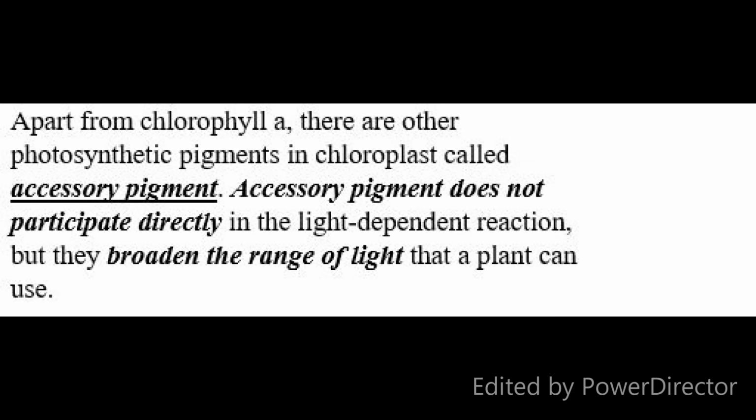Apart from chlorophyll a, there are other photosynthetic pigments in the chloroplast called accessory pigments. Accessory pigments do not participate directly in the light-dependent reaction, but they broaden the range of light that a plant can use.